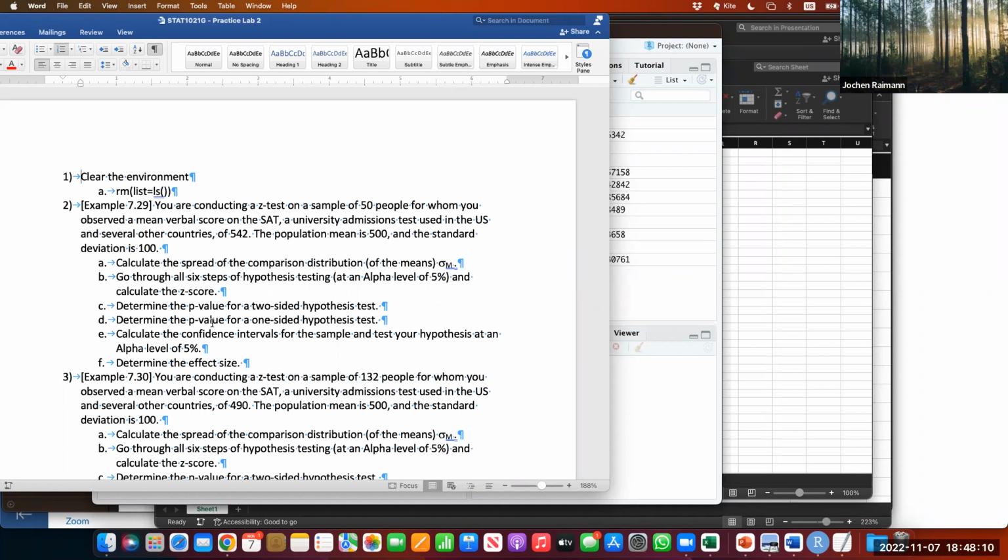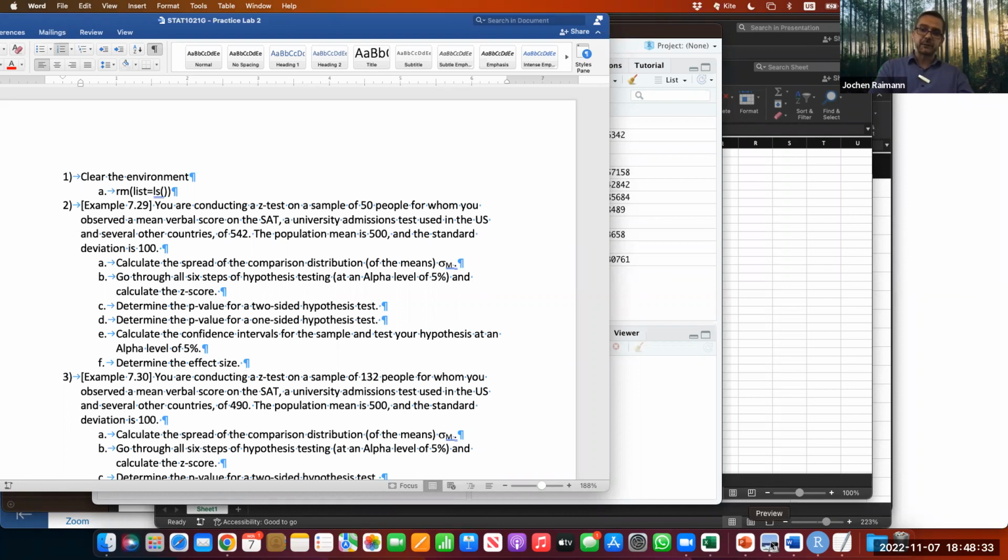But basically, we're doing this code today. So we have 729 and 730 as examples coded in R. And I will walk you through this exercise in Excel so that you know how to do those calculations. We have already done an example when we did hypothesis testing. We did cholesterol, if you remember.